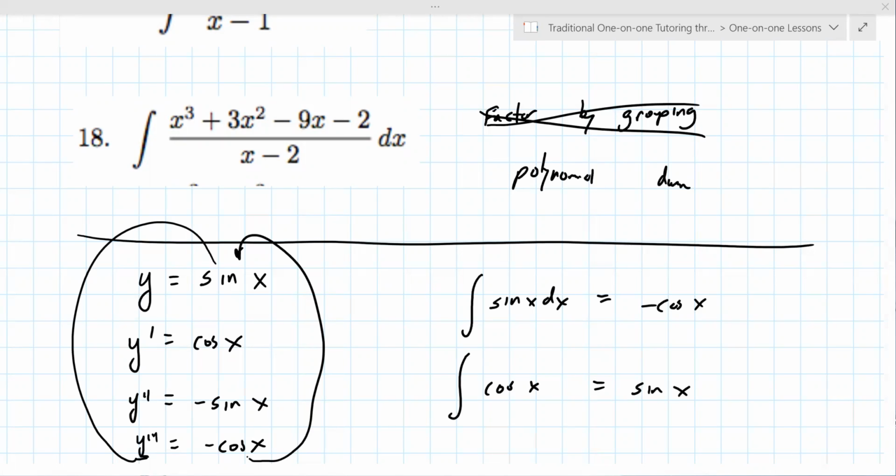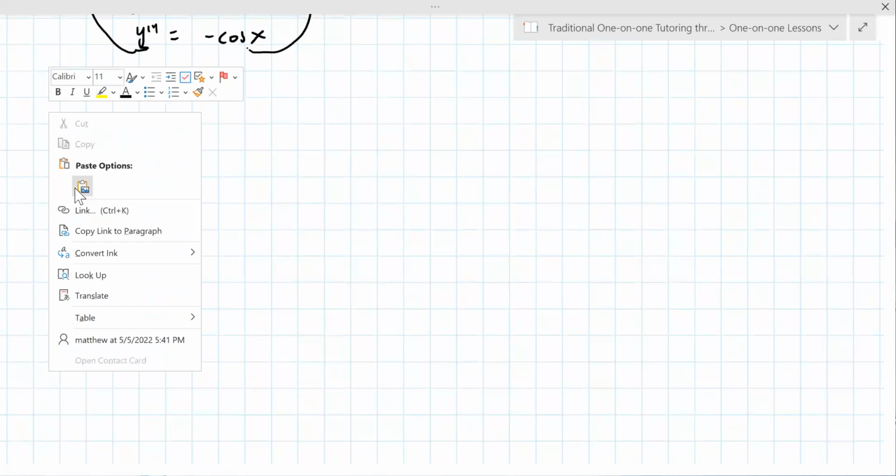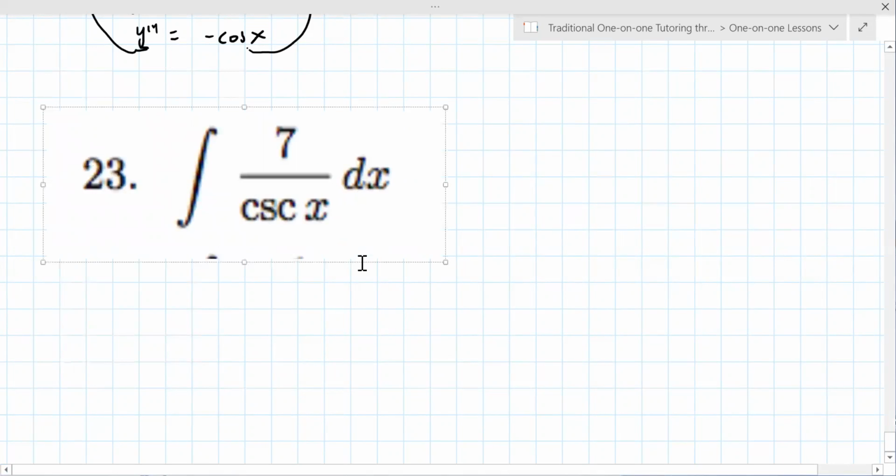This is a disguised one. I wouldn't be shocked if you gave me some trig. So this is a reciprocal. If you look at your trig reference sheet, there are reciprocals, and cosecant x is 1 over sine x.